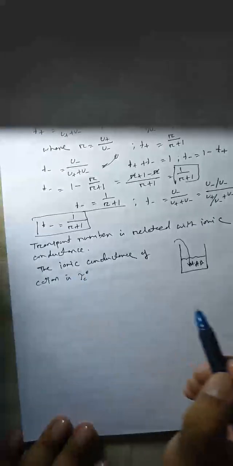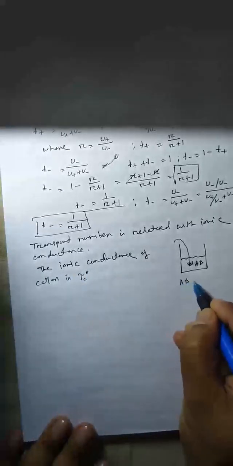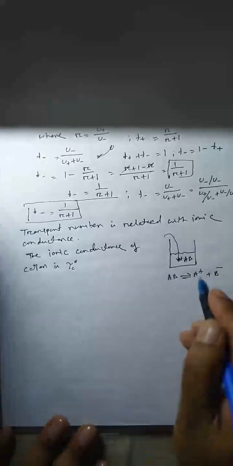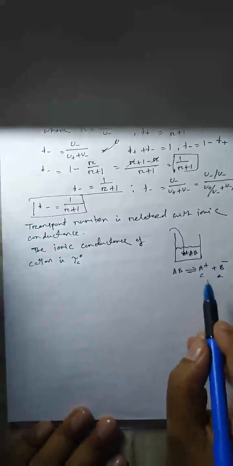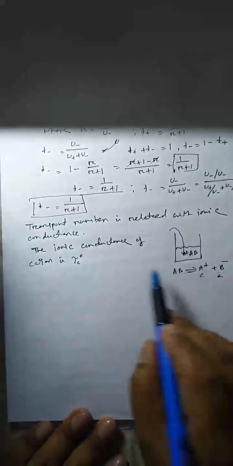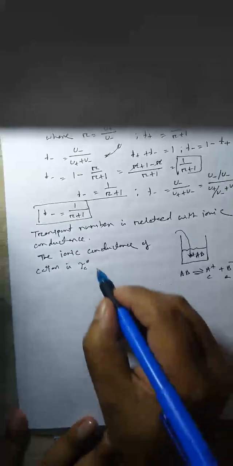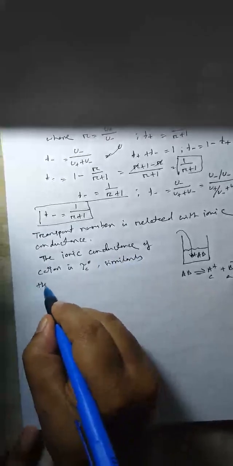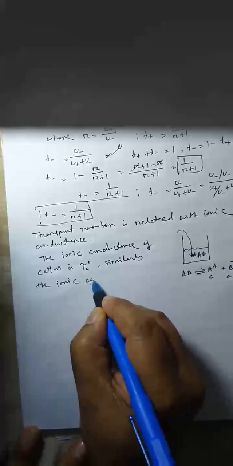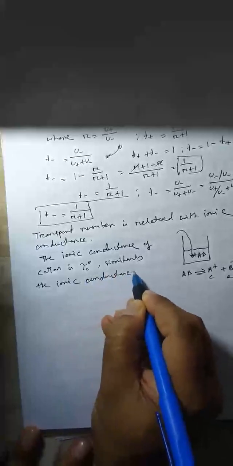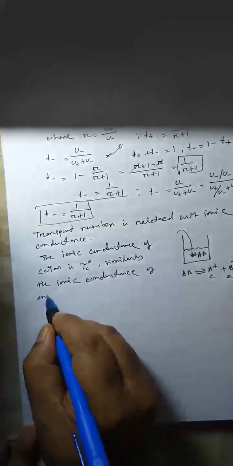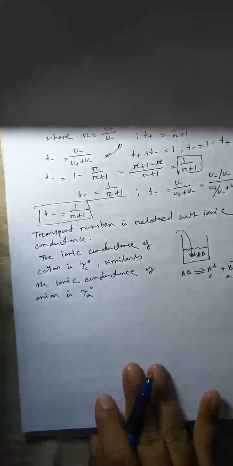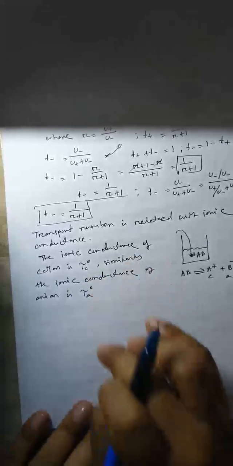This is the ionic conductance of the cation, because the electrolyte dissociates into A plus and B minus. This is the cation, this is the anion. So at infinite dilution, the ionic conductance of the cation is lambda C naught. Similarly, the ionic conductance of the anion is lambda A naught.